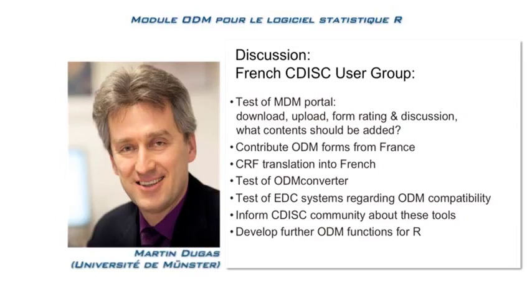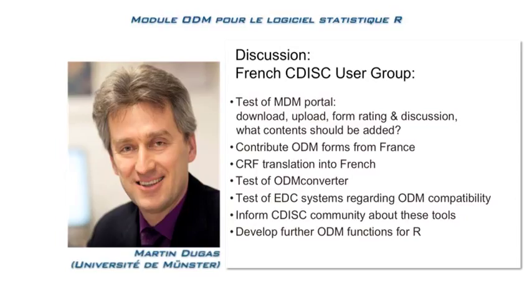And of course, we would be very interested to receive ODM forms from France, from your research, both to enhance the content. Also, it would be great to have maybe French translations of existing forms or natively French forms in the system.